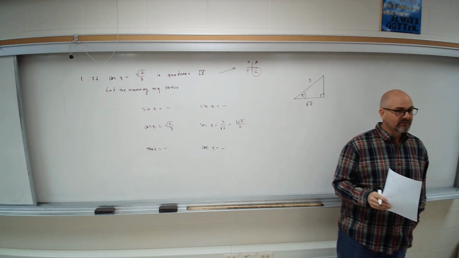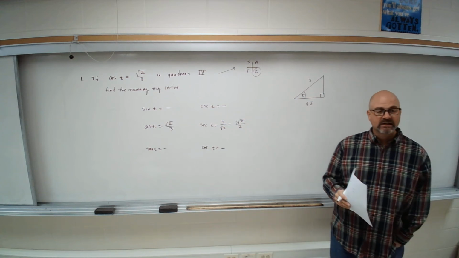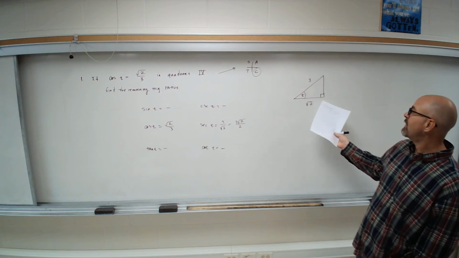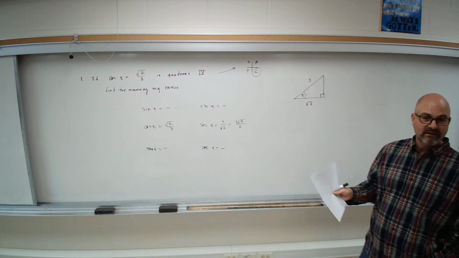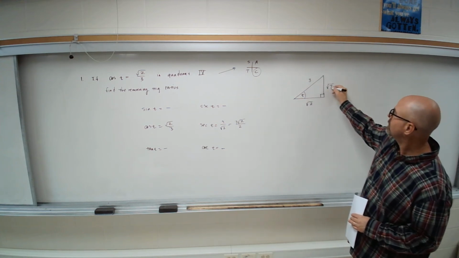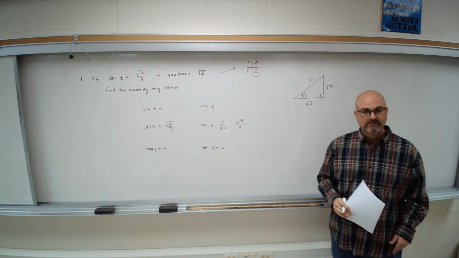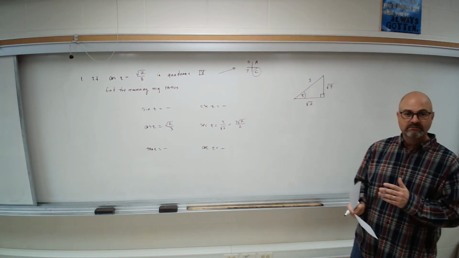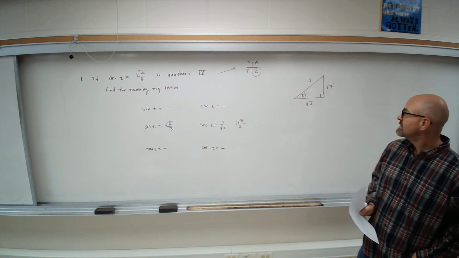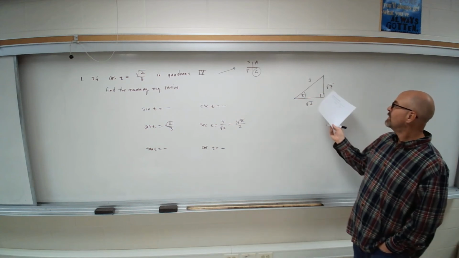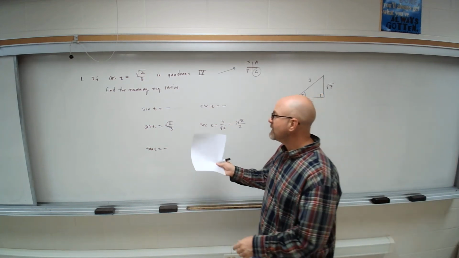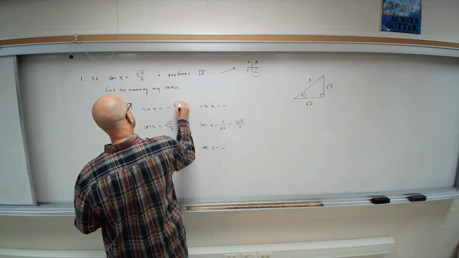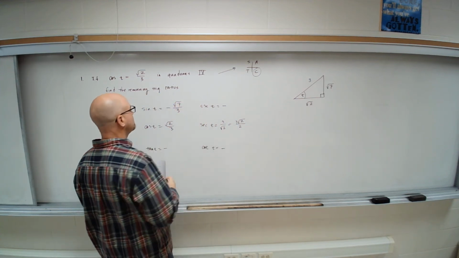Nothing too new here, I hope, right? So let's see, you get 2 plus something equals 9. So that would be radical 7. We okay with that? Fits the Pythagorean theorem. So our sine then would be radical 7 over 3. We know it's negative because it's in quadrant 4.